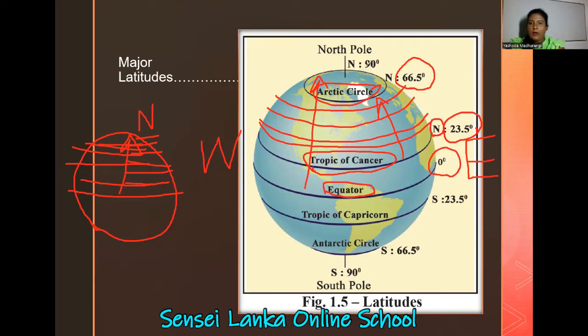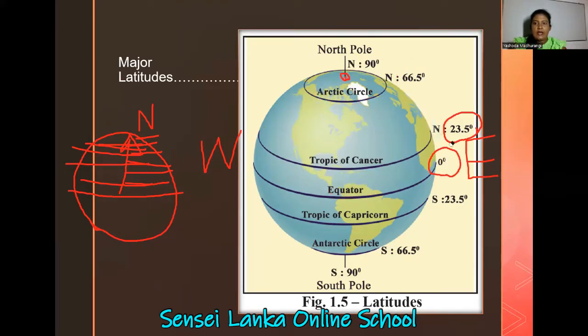Then go to the top. When we are moving to the top, they are getting shorter, and finally it becomes a point. Can you understand? Finally it becomes a point. What is this point? North Pole.